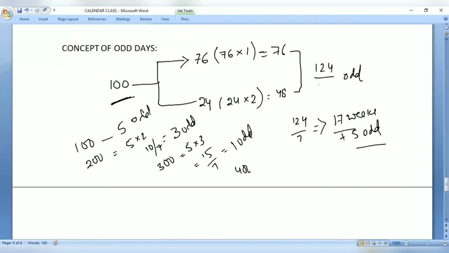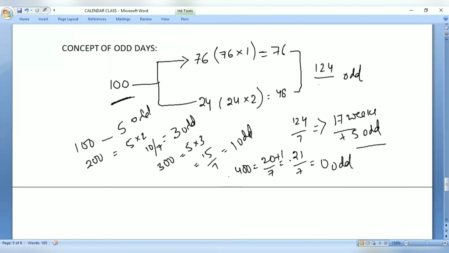Then for 400 years, 5 into 4 is 20. The 400th year is again a leap year, so the total becomes 20 plus 1, 21 by 7. That is equal to 0 odd days.